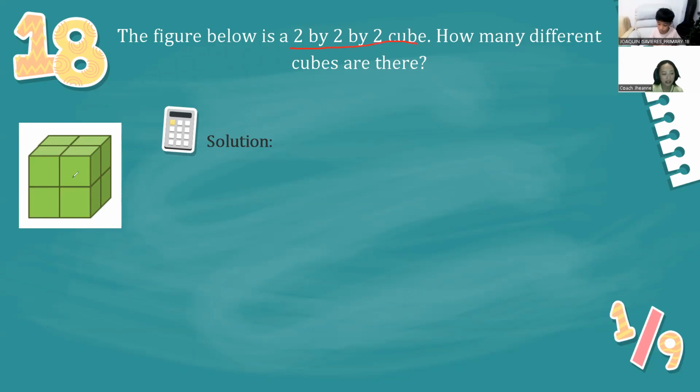That would mean that this side here has 2 small cubes, then this one here has another 2 small cubes, and this one here is another 2 small cubes. Do you get that? Now we have to multiply these 3 sides.